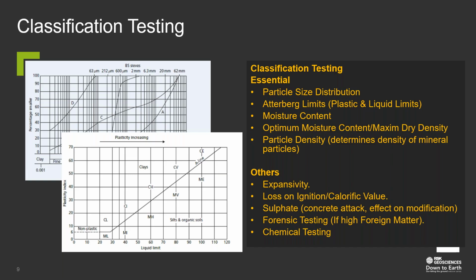There are other tests that we may also do dependent on the actual material that we're dealing with. Expansivity: certain slags and so on may expand under certain chemical conditions and when they get wet. Loss on ignition and calorific value on certain soils like colliery spoil: is there a risk of an underground fire, the creation of further voids?